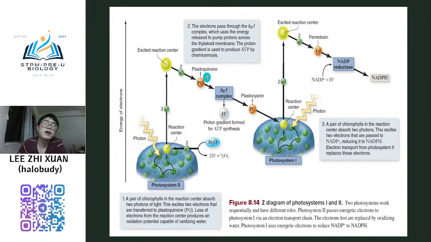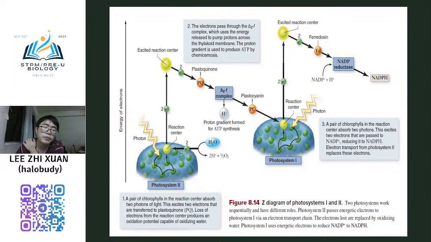If you see here, I already mentioned that for PS2 the electron carrier is plastoquinone, and PS1 is ferredoxin, Fd. This is the electron acceptor for PS1, and the plastoquinone is the electron acceptor for PS2.